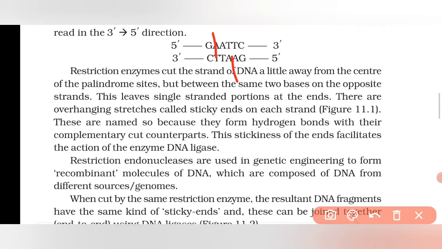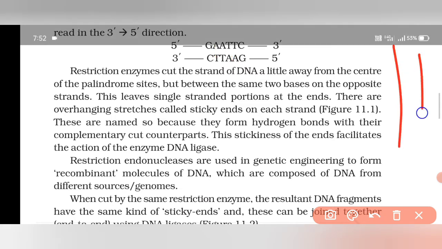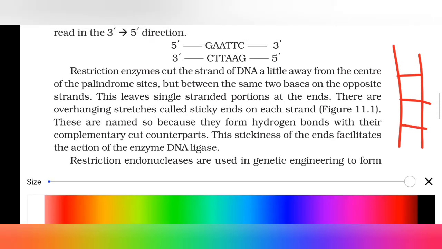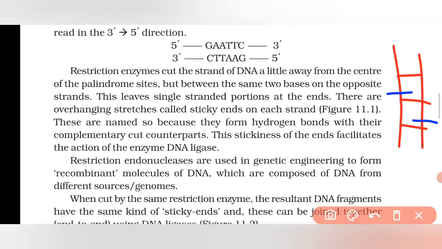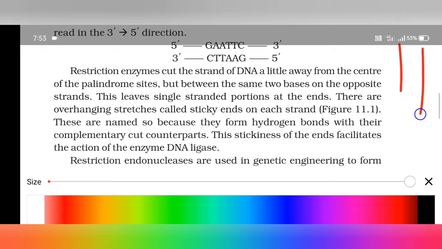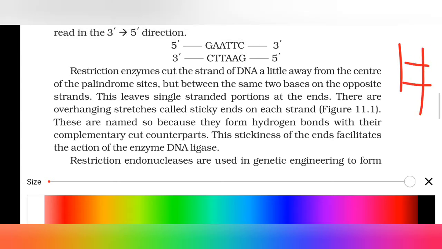Suppose this is the sequence, then it will make a cut on this strand here and on the other strand it will make it here. In this way it will generate two different strands. One will be like this and the other will be like this.